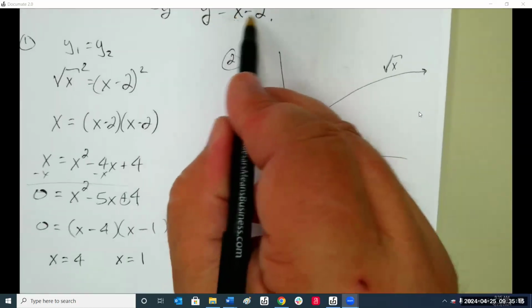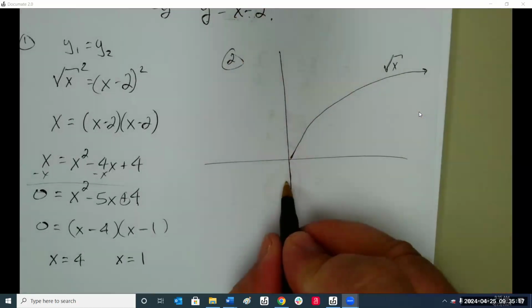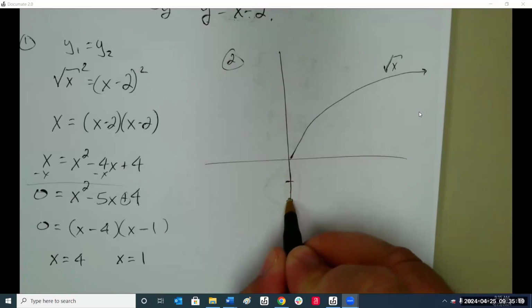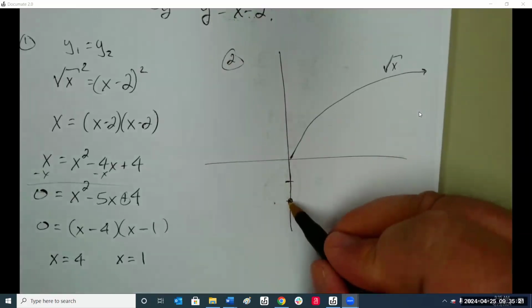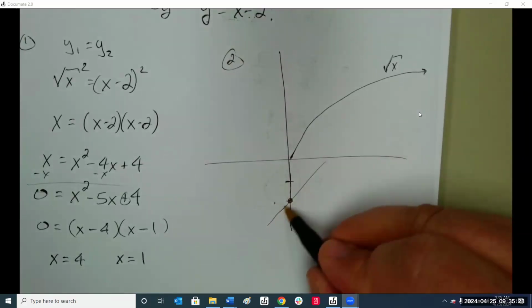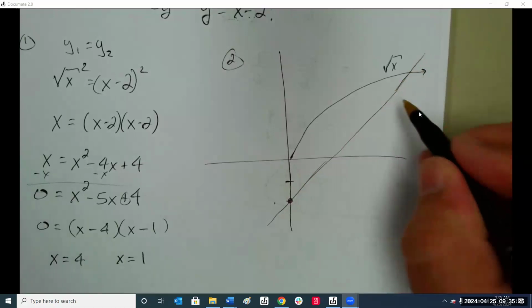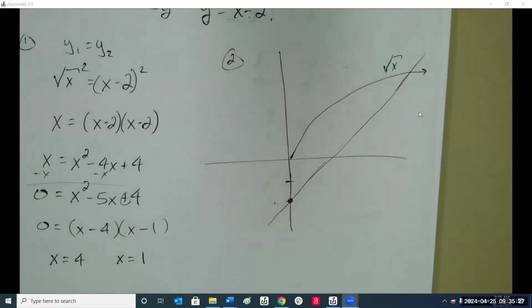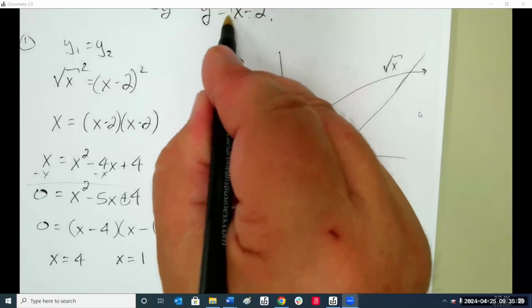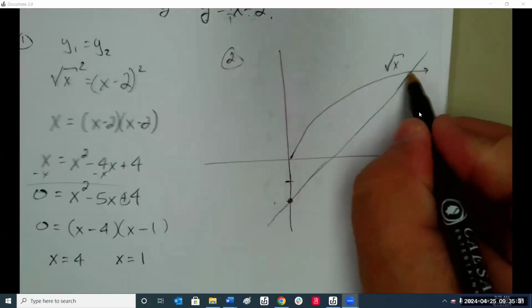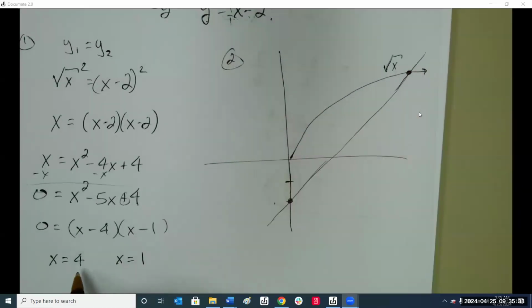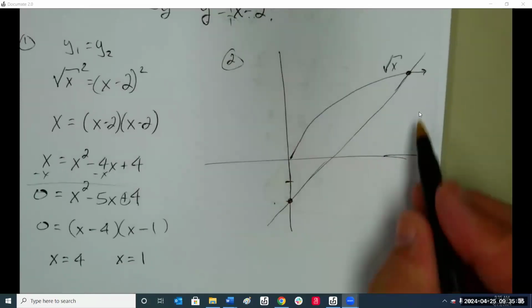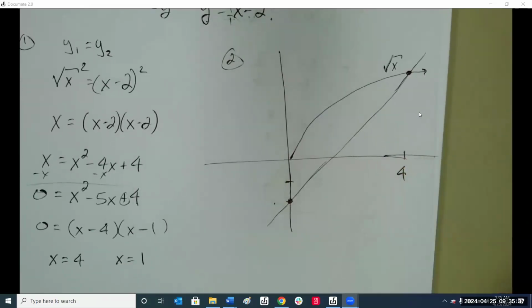The second one, it's a linear equation, y-intercept at -2 and up 1 over 1. And they intersect at 4.